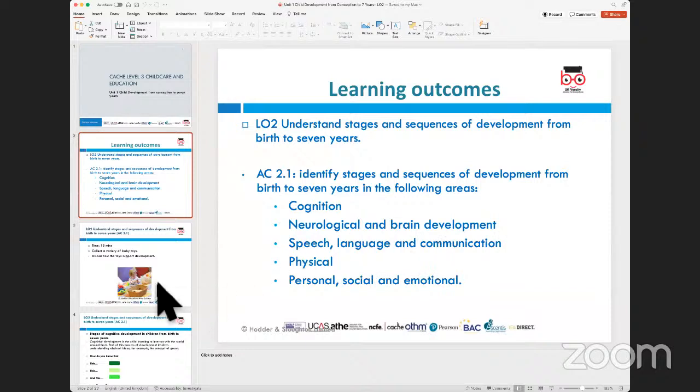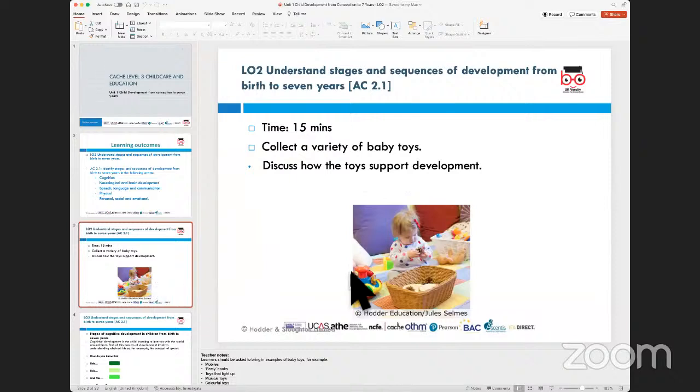So here in this case, let's look at one particular activity, because what we want to do is understand the sequence and stages in the development of the child after birth. So one such thing that I have got here is on the screen.